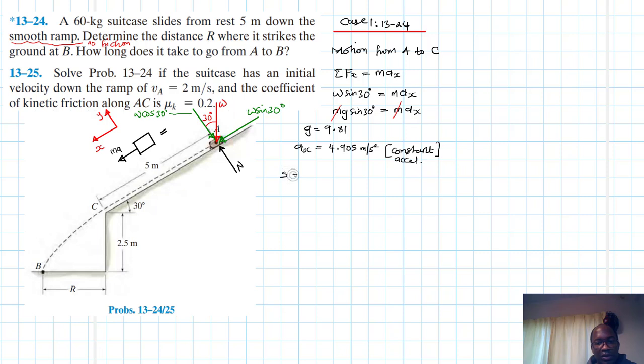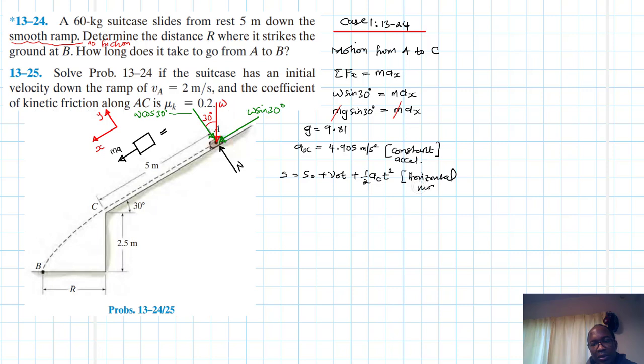We can use this particular equation: s equals s naught plus v naught t plus half a t squared. We want to calculate the time from A to C, then later on from C to B. So here we are using horizontal motion.